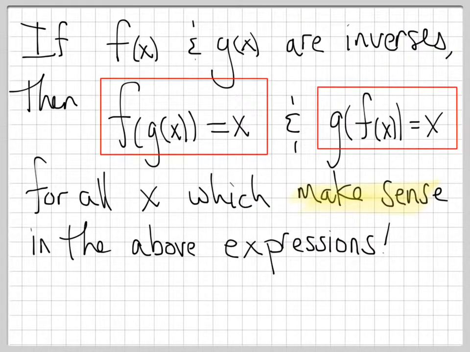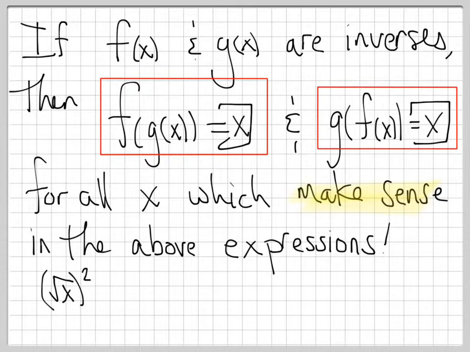So this is the most important thing about inverses: if two things are inverses, then when you do them back to back, you get back your input. See this? You get back your input. So, for example, if we do the square root of x squared, we should get x. And if we do the square of the square root of x, we should get x.